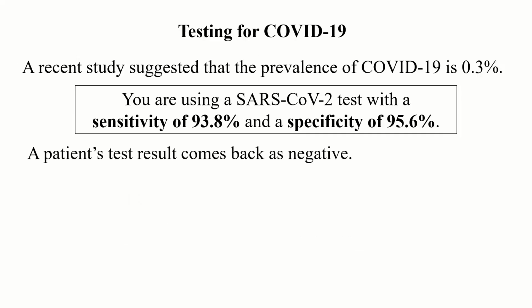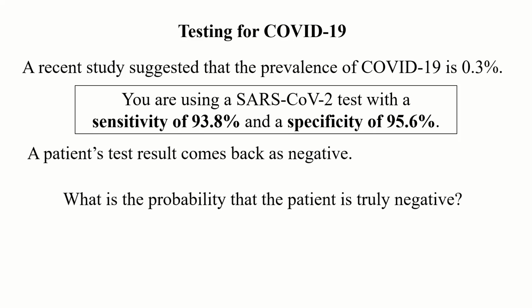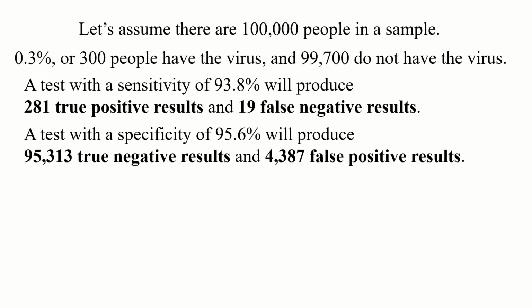Let's assume we have the same scenario, but in this case the patient's test result comes back as negative. What is the probability that the patient is truly negative? We still have the same criteria, 0.3% of 100,000 people, 300 people with the virus, 99,700 without the virus.